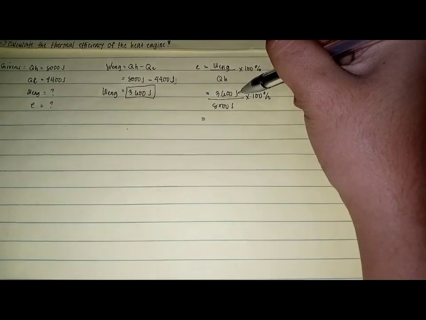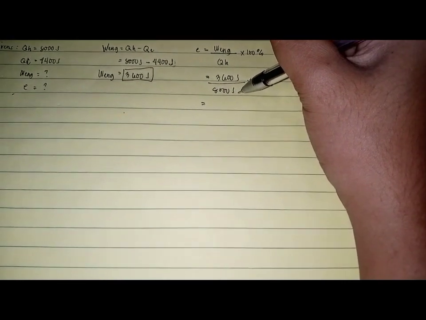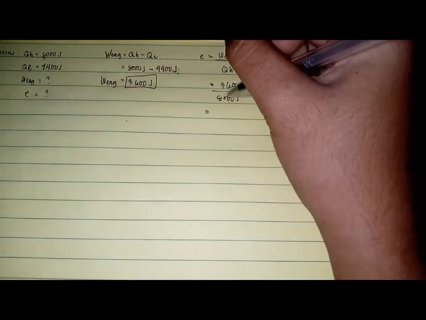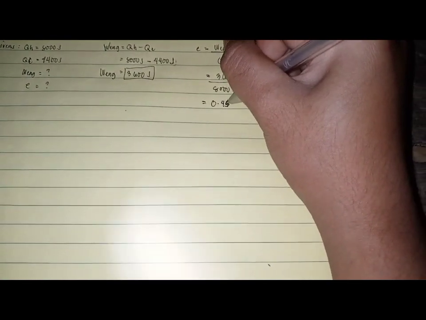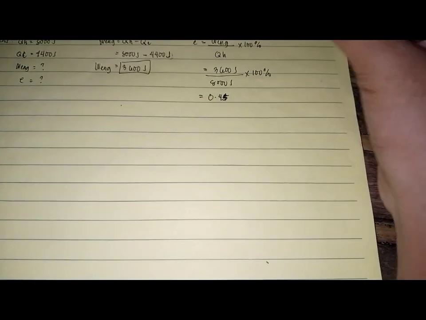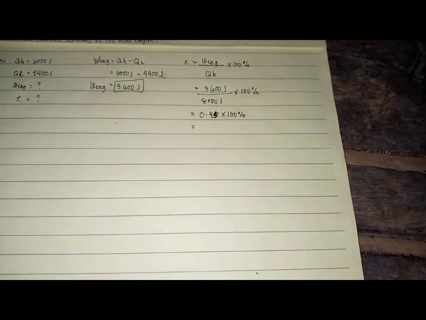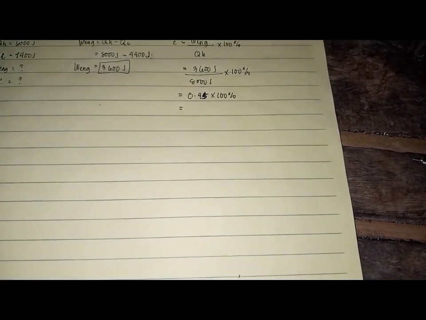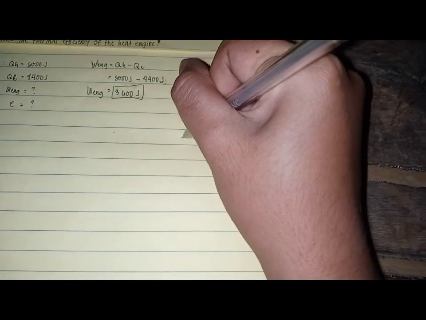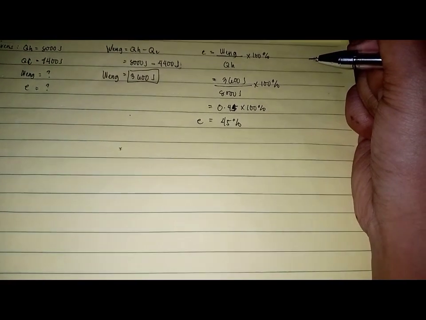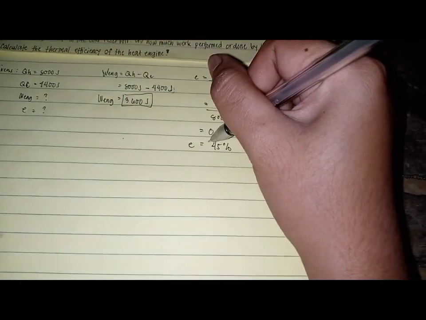So 3,600 joules divided by 8,000 joules is equal to 0.45 times 100%. So 0.45 times 100% is equal to 45%. So the thermal efficiency of the heat engine is 45%.